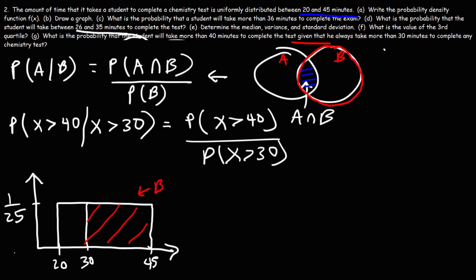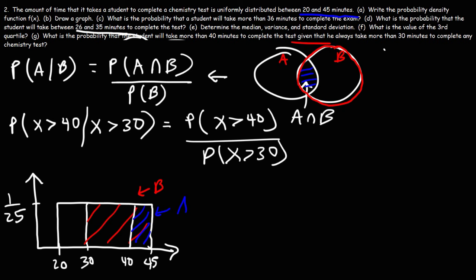Now A would represent the area that is between 40 and 45. So A would be this region. So notice that the region where A and B overlaps is between 40 and 45, because you have both A and B shaded in that region. And then the entire region of B would be from 30 to 45. So that's why this formula is going to work.